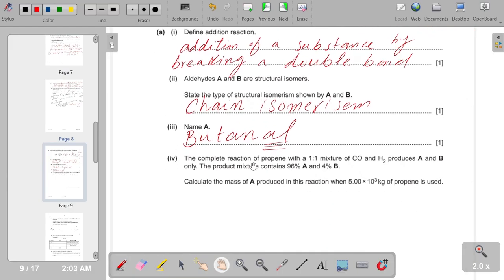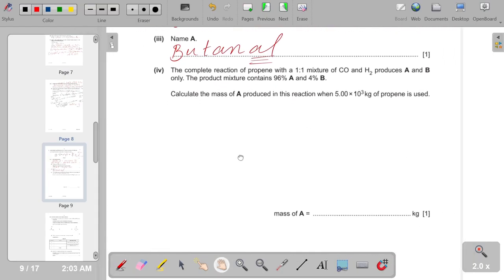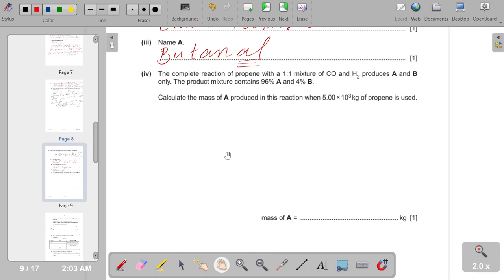So now we have the next question. The reaction of propene with a 1:1 mixture of CO and H2 produces A and B. The product mixture contains 96% A and 4% B. Calculate the mass of A produced in this reaction when 5.00 × 10^3 kg of propene is used. So first we need to write the equation.